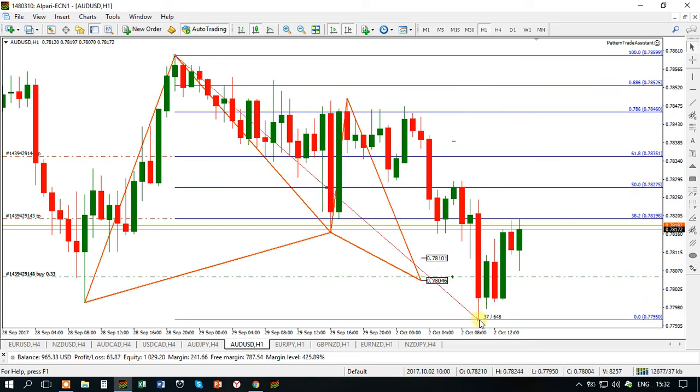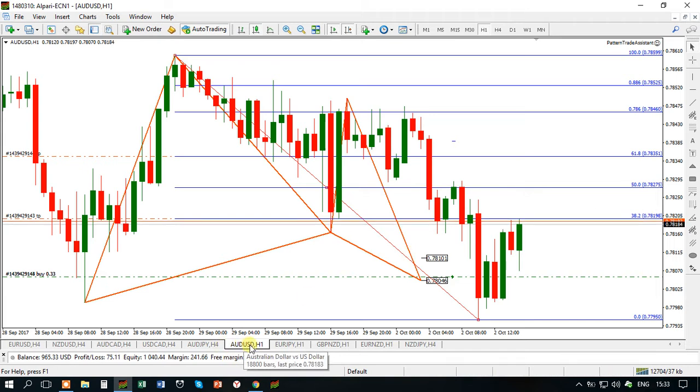You see, if I restretch the fibs, now they coincide exactly. So the 382 is 78.198, and the high of this candle was 78.197. So 1 decimal of a pip, and it didn't trigger.